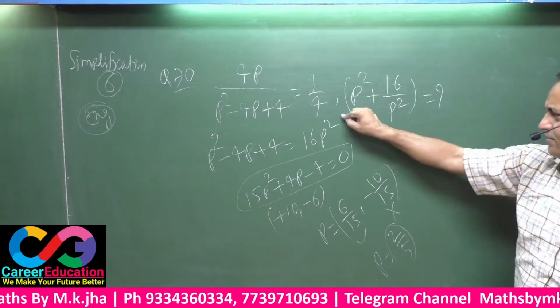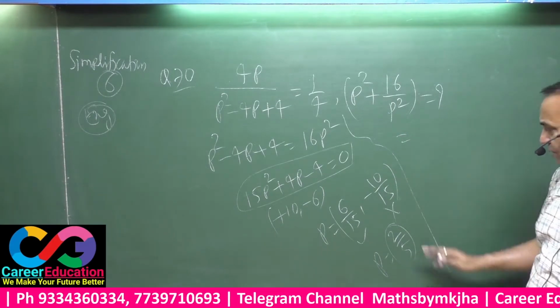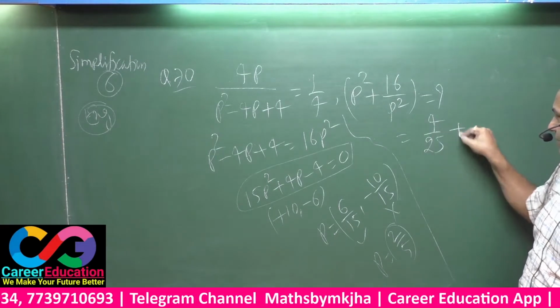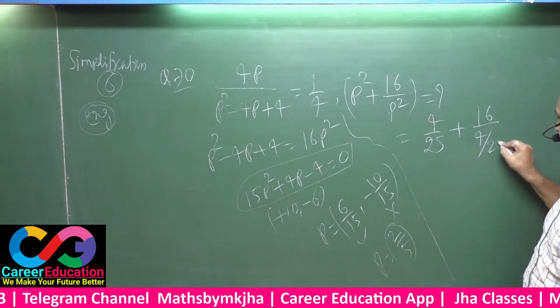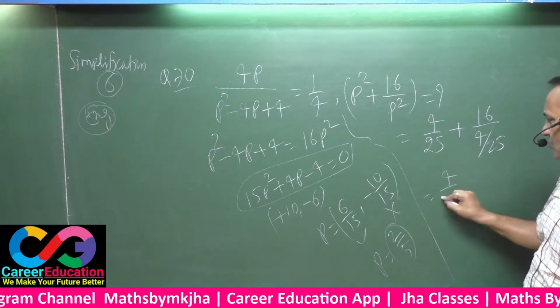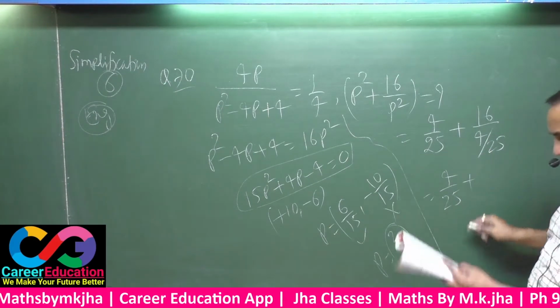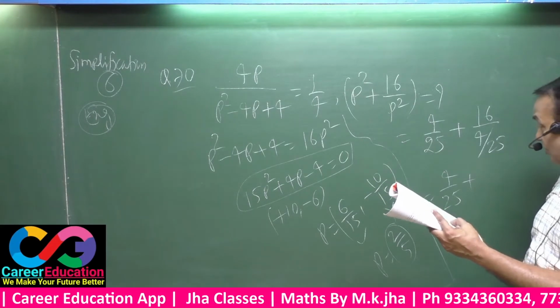Let me solve this question this way. What answer comes here? P square, that means 4 by 25, plus 16 by p square, which means 4 by 25, that is 4 by 25 plus this will be 100 perhaps. Your answer will be like this, 392.